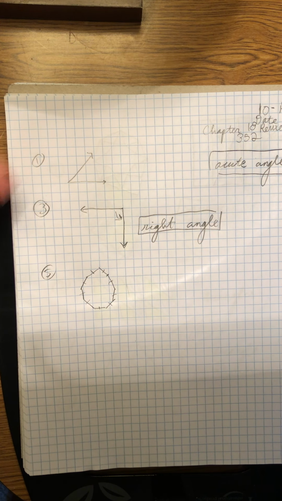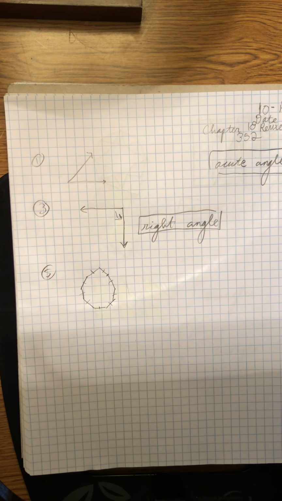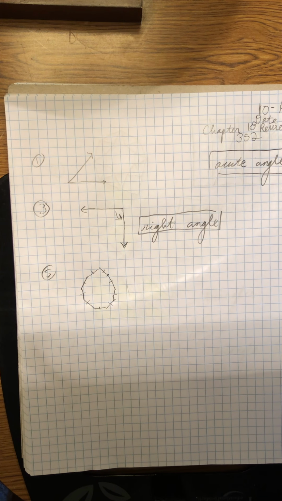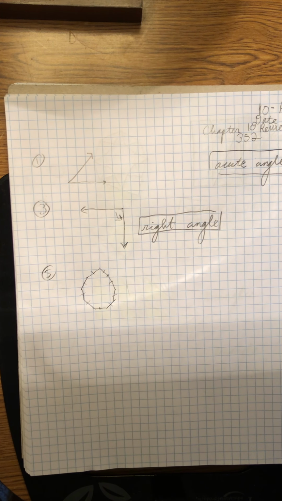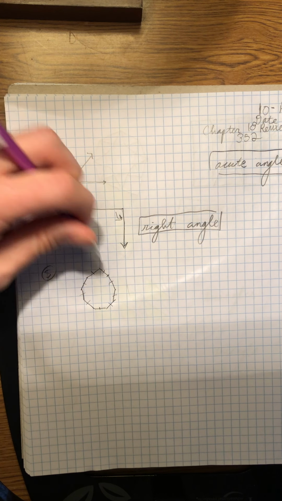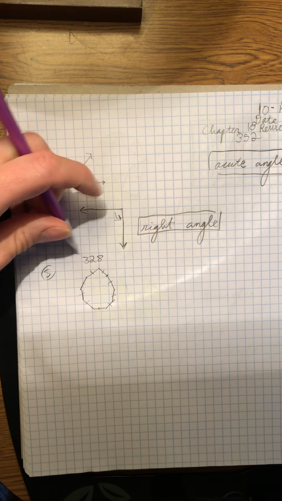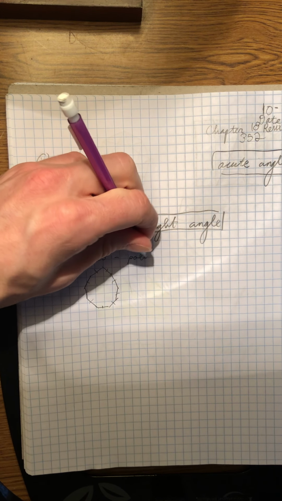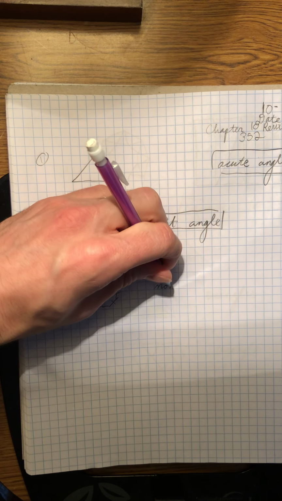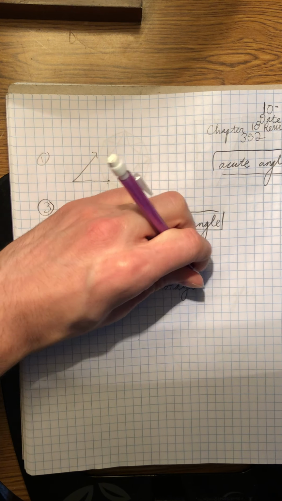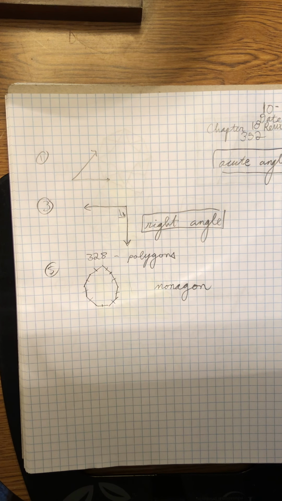So 9 sides. We should kind of know what that's called. If not, go back to the lesson where you learned the names of the polygons, which was on page 328. 328 was the lesson about the polygons. But 9 sides is called a nonagon. You know, non kind of sounds like nonagon, okay?